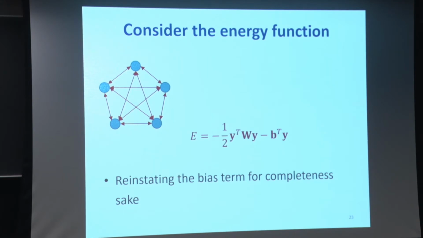So why would I expect that this would actually store multiple memories? Anyone? Obviously, it has only one minimum. You'd expect any evolution to go to that single unique minimum. And yet I've been saying all along that I can store multiple memories. Why would that be the case?